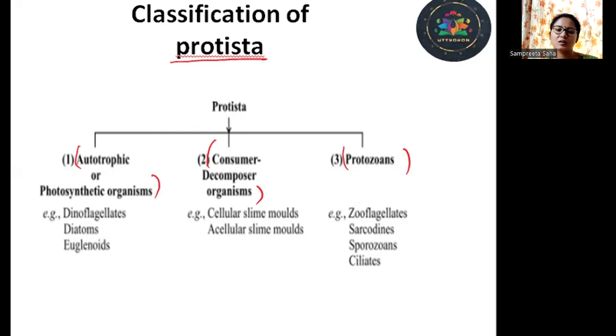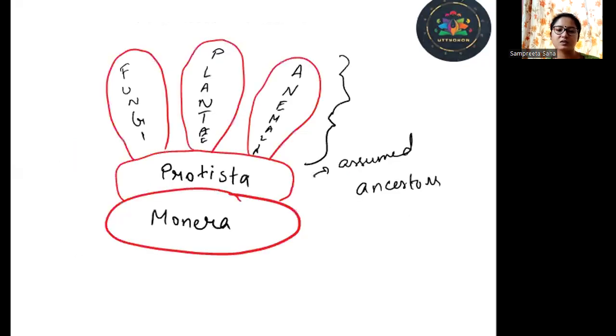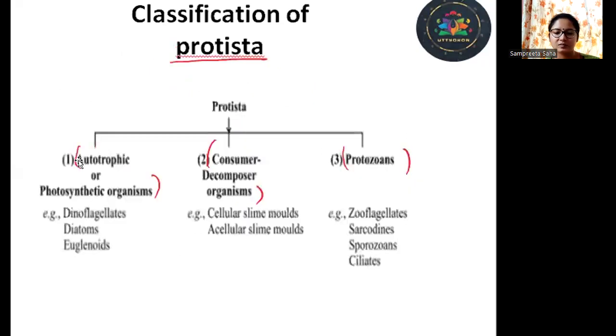So we can go back to this diagram that I've discussed previously. Here you can see that kingdom Protista is the assumed ancestor of fungi, plantae and animalia. So going back to this chart, you can see we have a distinction: autotrophic, consumer decomposers, or we can say that they are saprophytes or a bit of parasite.